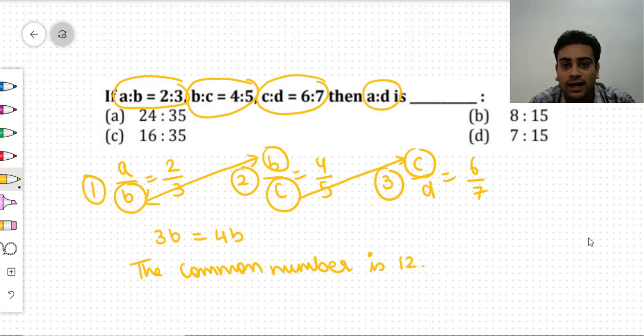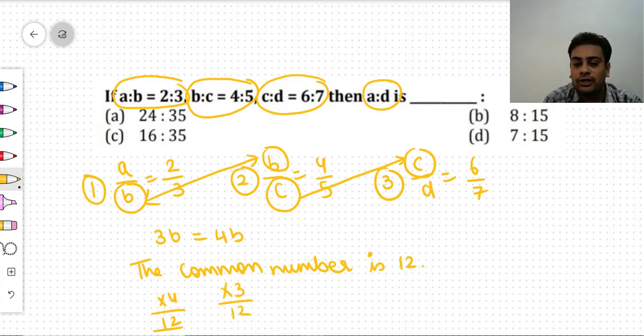Now how can you get 12 in place of b in both the ratios? You can multiply your first ratio by 4, so you will get 12 in place of b. And similarly, when you multiply the second ratio by 3, you will also get 12 in place of b in the second ratio.